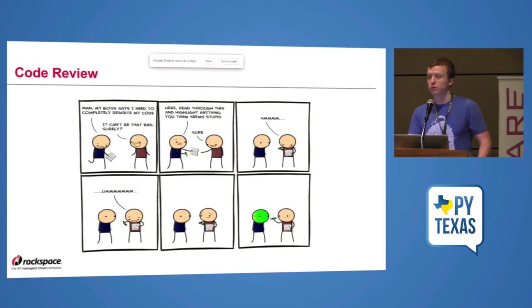Another great tool to use for your project is code review. I think this illustrates all the fear we have when other people review our code, but typically you should view it as a positive experience. There's a lot of things to learn from other people's perspective on your code.